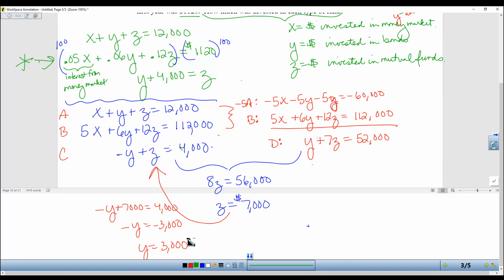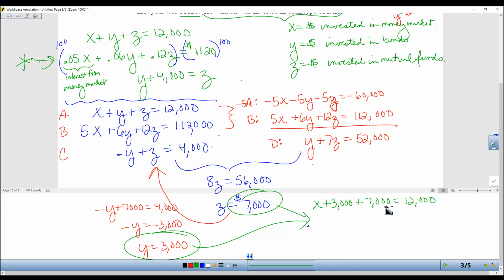And then finally, you're going to take the 2 that you've learned and pick one of the 3 equations. I can't pick C because it doesn't have any x's in it. So obviously I pick A, x plus y plus z is equal to 12,000. So that's 10, so x must be 2,000.